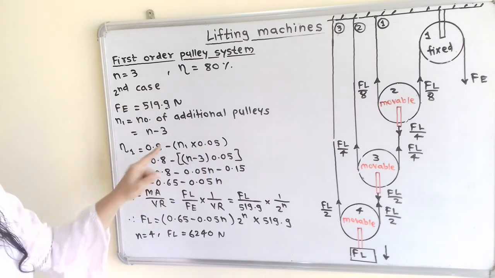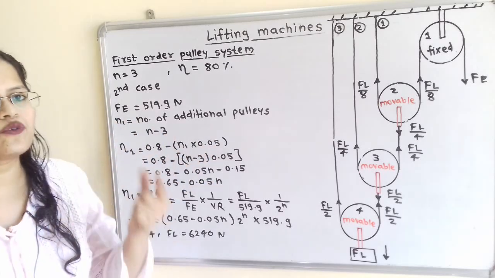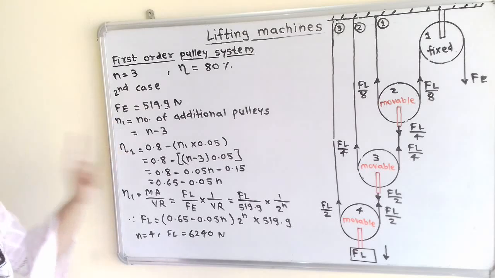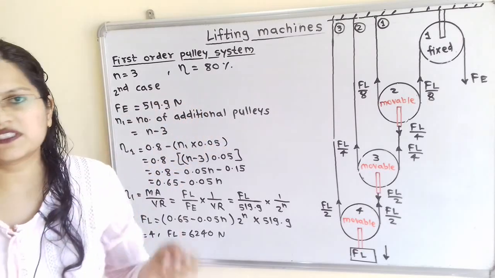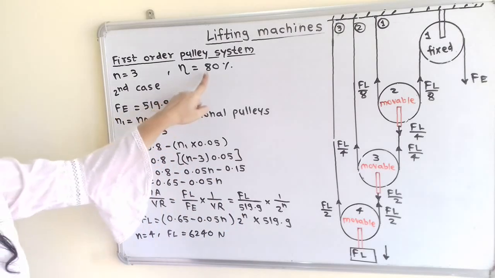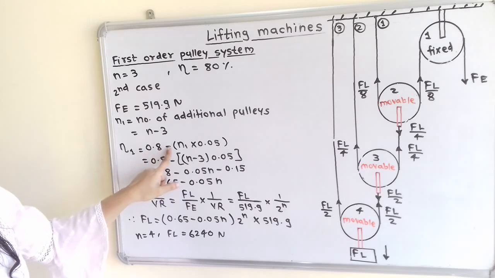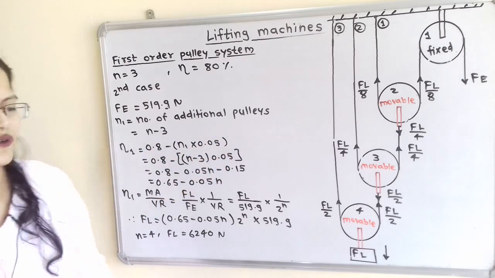Suppose we add 2 pulleys, then it is reduced by 5% again. So we have to multiply with this N1. So how can we write the new efficiency with this condition? The new efficiency eta 1 is equal to 80%, that is 0.8, minus in the bracket N1 into 0.05.